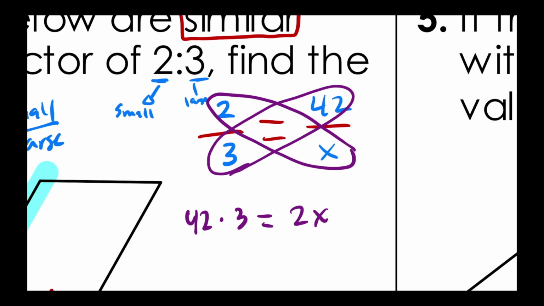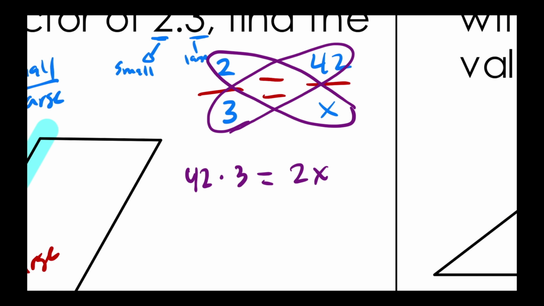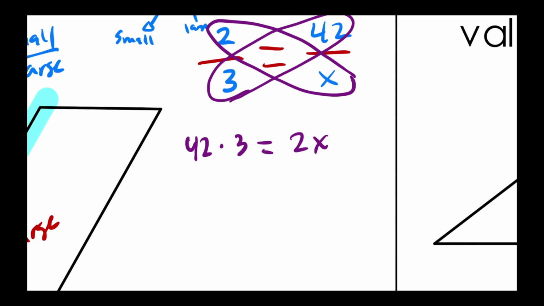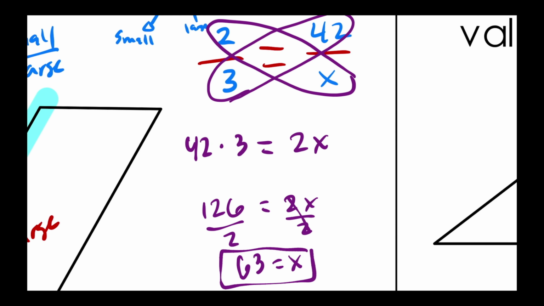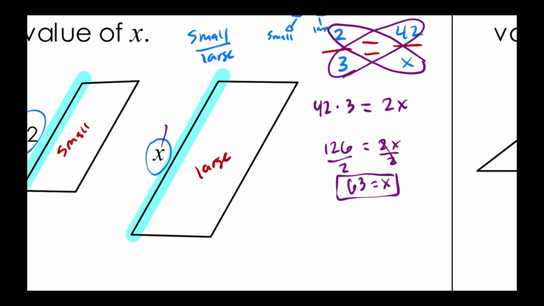So you spent almost a week solving these kind of problems. So this was easy. So now what's 42 times 3? 126 equals 2x. Divided by 2, divided by 2. So x equals 126 divided by 2, which is 63. So that means this side right here is 63.